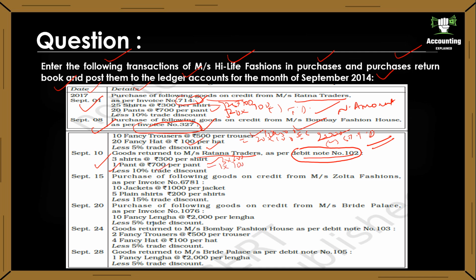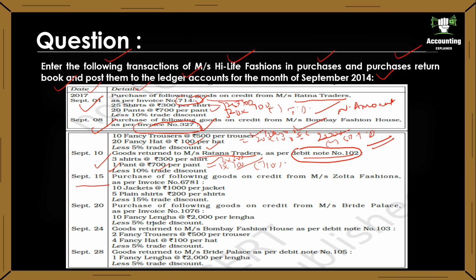So the total is how much? 900 plus 700, 1600 will be taken. Less trade discount of 10% on the total amount, and the final net amount will be taken to the purchases return journal book.